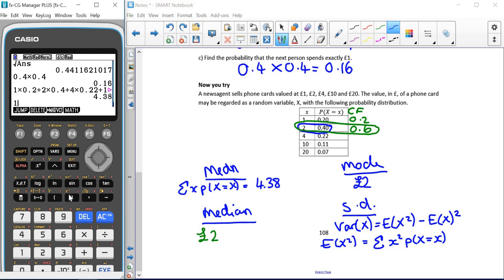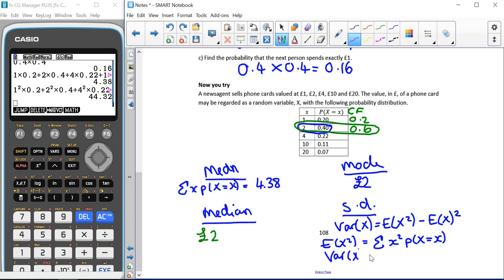So that's going to be 1 squared times 0.2 plus 2 squared times 0.4 plus 4 squared times 0.22 plus 10 squared times 0.11 plus 20 squared times 0.07, which gives us 44.32.